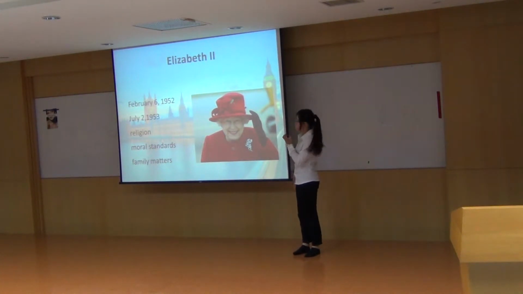The accession to the throne was on February 6, 1952, and she was crowned on July 2, 1953. She is very conservative in her religion, moral standards, and family matters. She takes religious duties and the coronation oath very seriously. This is why she is less likely to quit the position.